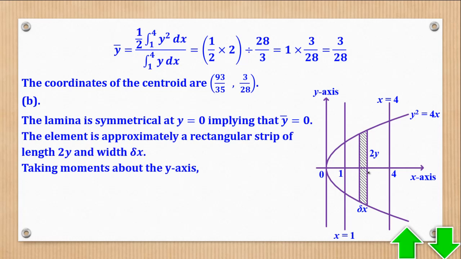So taking moments about the y-axis, you code the formula. Then realize that now we're using 2y, not y, because this, that.